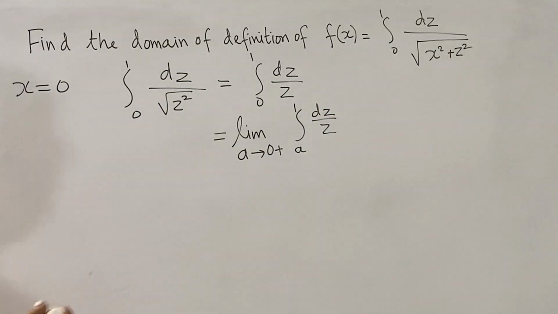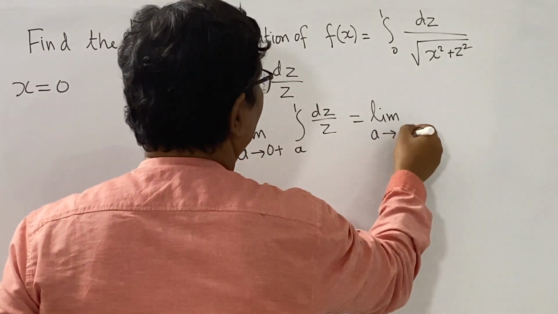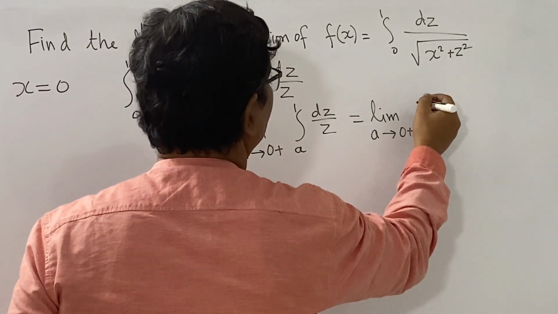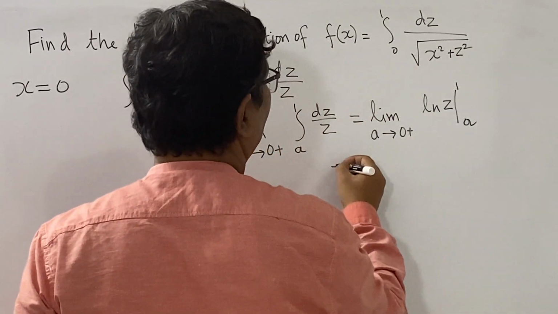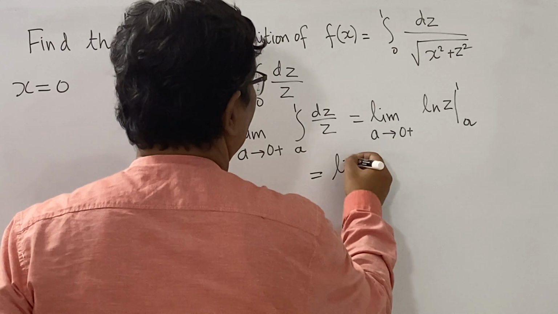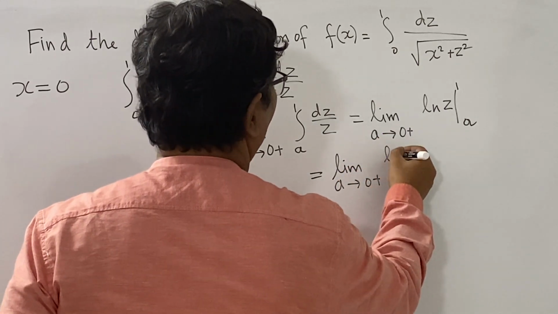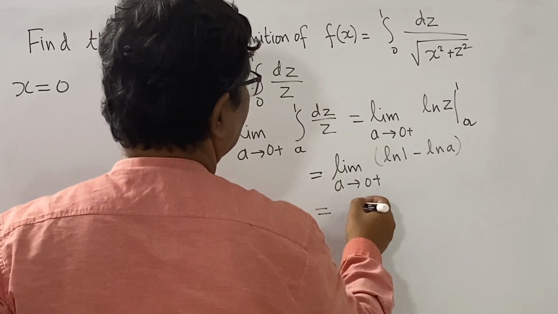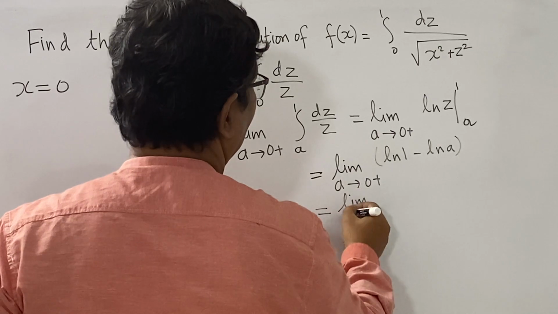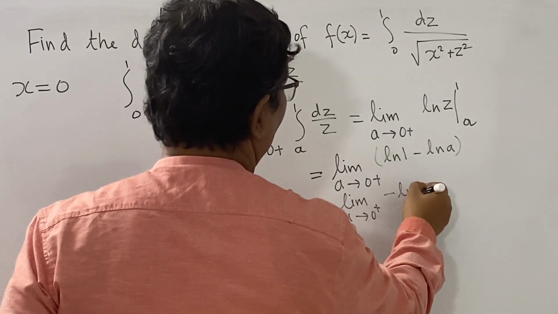Now integral a to 1 dz by z, by the fundamental theorem of calculus, becomes log of z evaluated at a and 1, and therefore this is the limit a goes to 0 plus of log 1 minus log a, and that is nothing but limit a goes to 0 plus of minus log a.